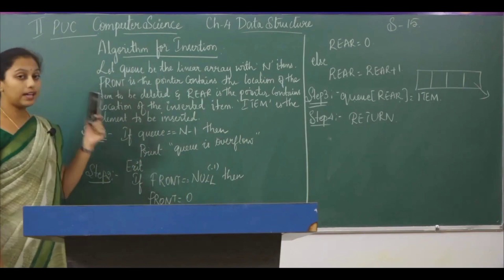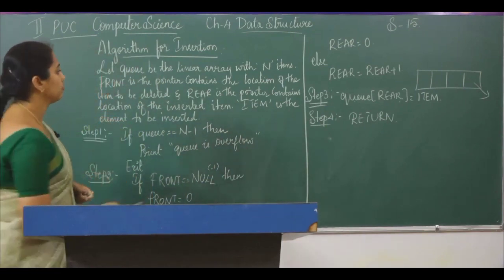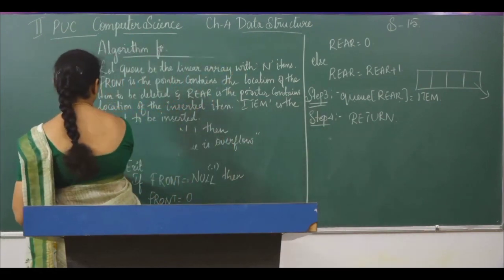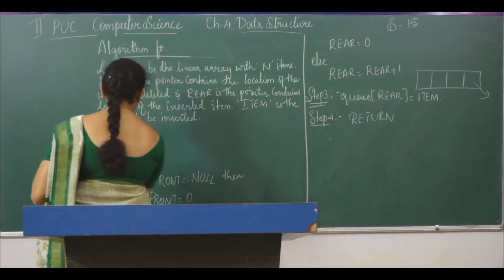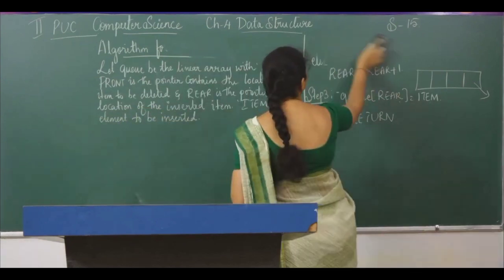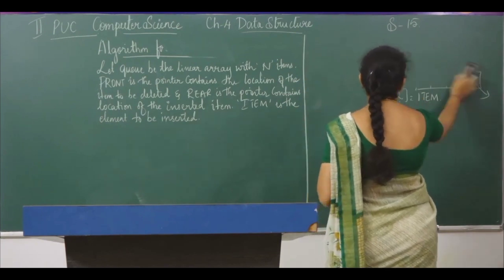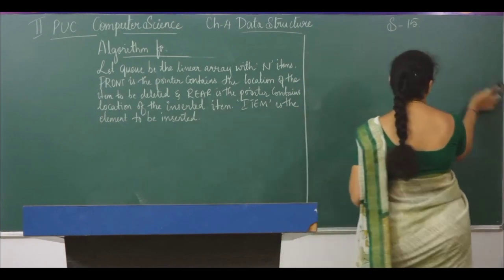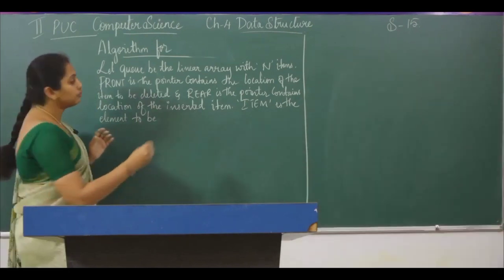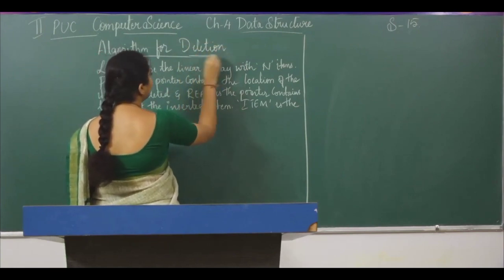Now let's see the algorithm for deletion of an item from the queue.